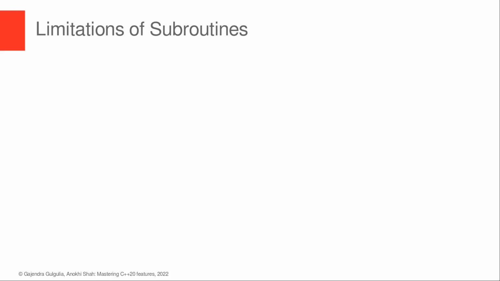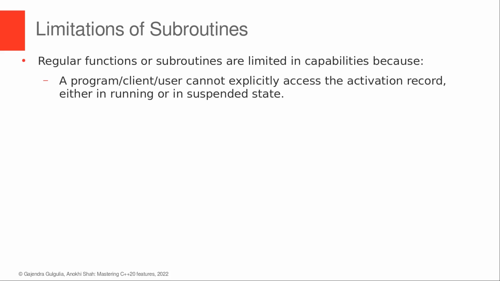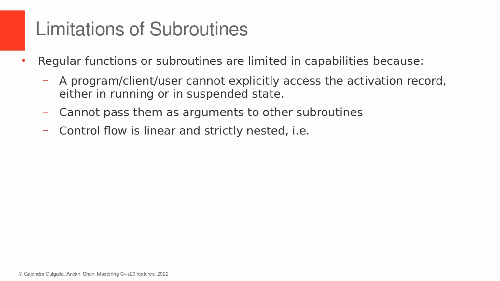Finally, we look into the limitations of subroutines. Regular functions or subroutines are limited in capabilities because a program, client, or user cannot explicitly access the activation record either in running state or in suspended state, cannot pass them as arguments to other subroutines, and function flow is linear and strictly nested.